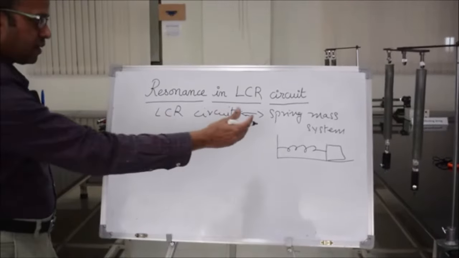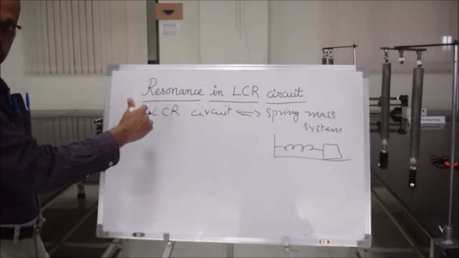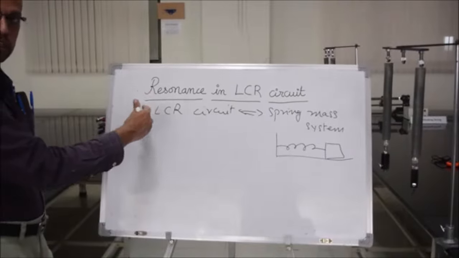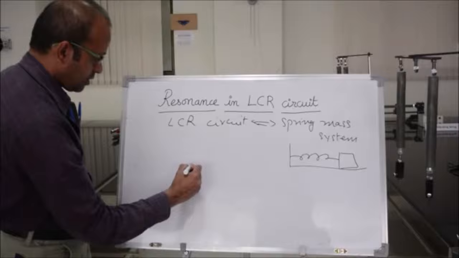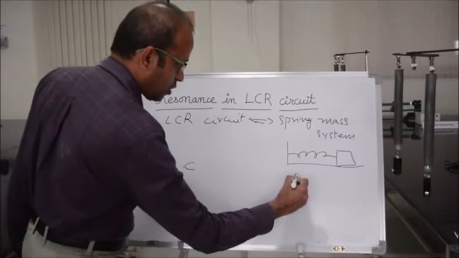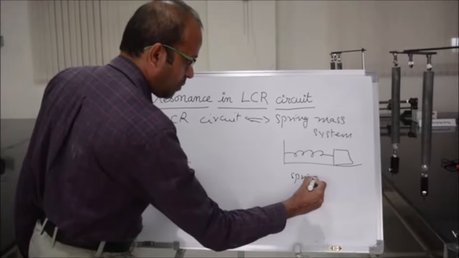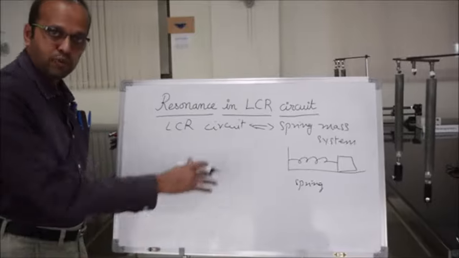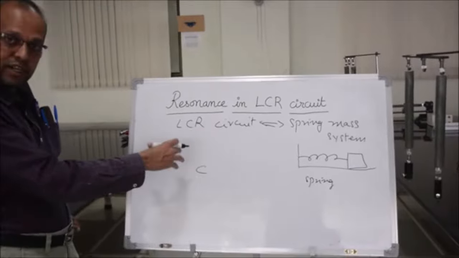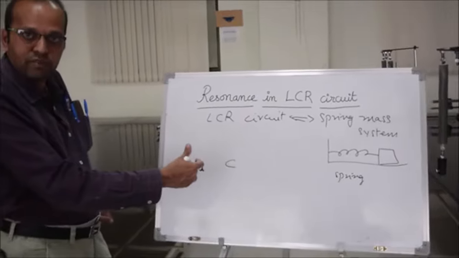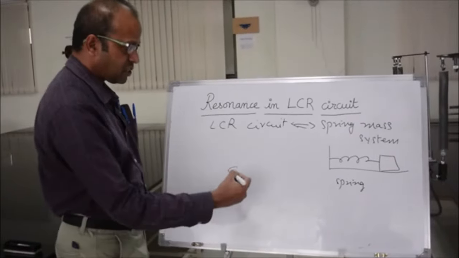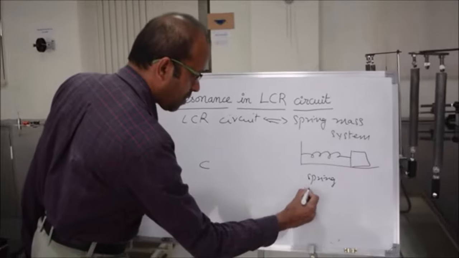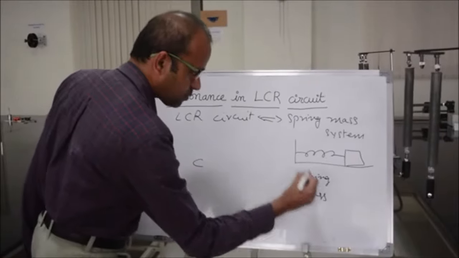So if you look at that system and compare with a circuit which has an inductor, capacitor and a resistor, you can see that the capacitor is analogous to the spring. Why? Because the spring stores potential energy and similarly the capacitor also stores potential energy, right? So then you can work out the rest of the analogy. So what is the mass analogous to?